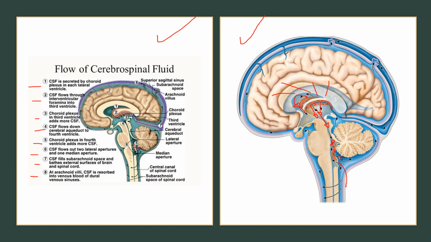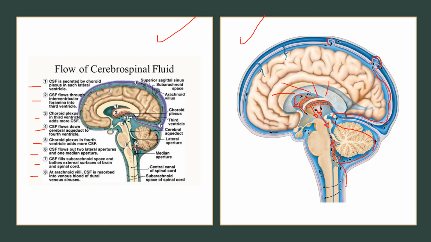And from the lateral apertures, it moves on through. It can either go down the spinal cord or it can go through and around the cerebellum. It goes around and through the cerebellum, and it then fills into the subarachnoid spaces and bathes the external surfaces of the brain. Okay, so it comes through here and then through the subarachnoid spaces. And from the subarachnoid spaces, it actually hits this region here.